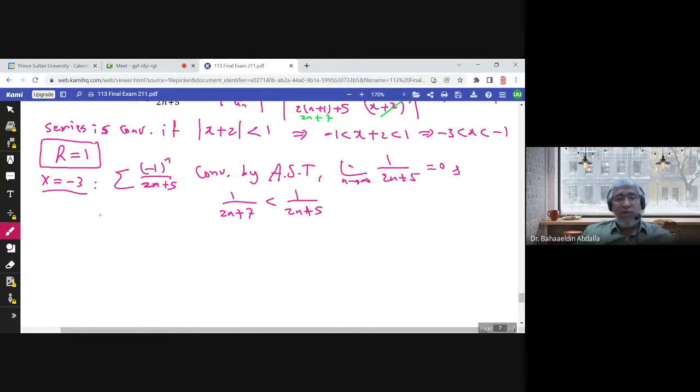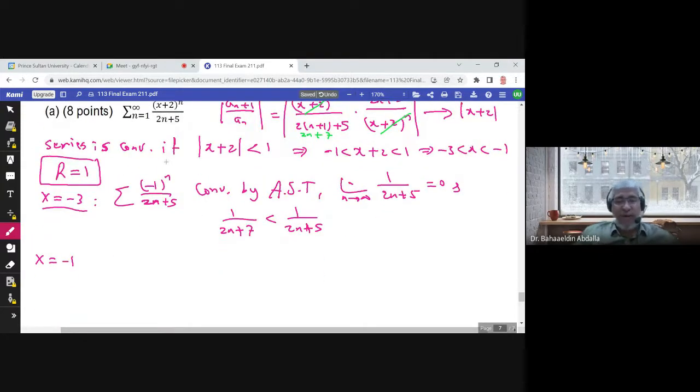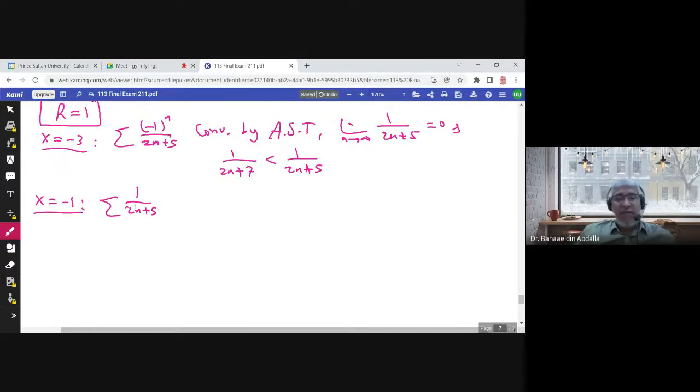So it is convergent. What about when x is negative 1? Well, if x is negative 1, I'll have negative 1 plus 2, that's 1 to the power n. And 1 to the power n is 1, so I have 1 over 2n plus 5. And this series is divergent using, no, sorry, not the direct comparison test, the limit comparison test. So a_n is 1 over 2n plus 5, and b_n is 1 over n, okay?